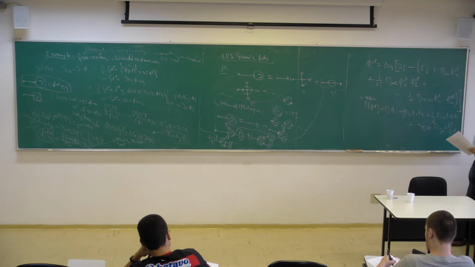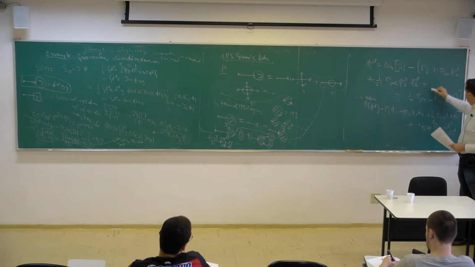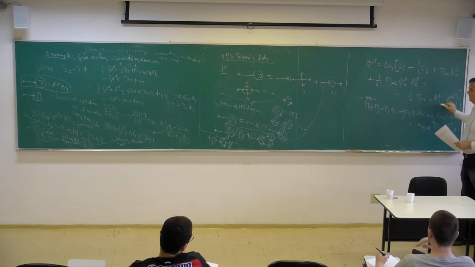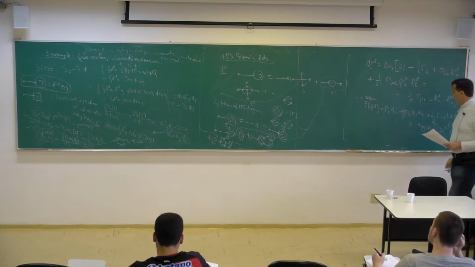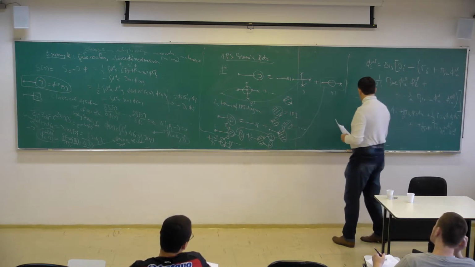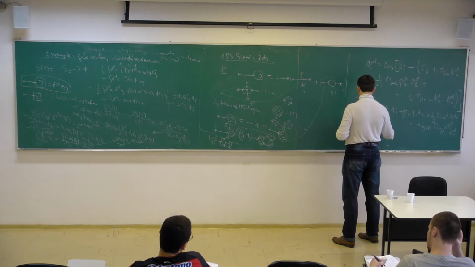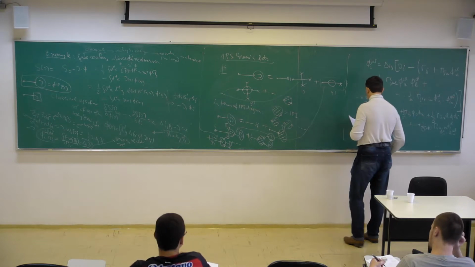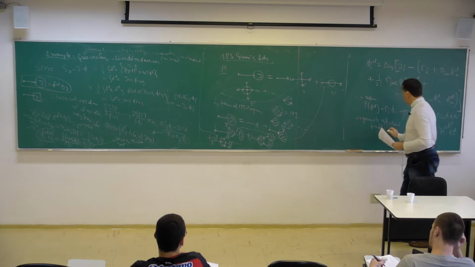Right? So you see that by taking derivatives with respect to phi of this, I get all these terms. Right? That's how I wrote this function, which means this is a generating functional for the 1PI n-point functions.